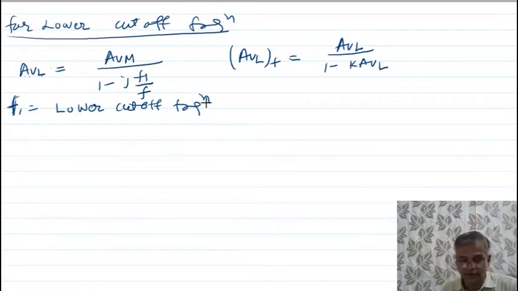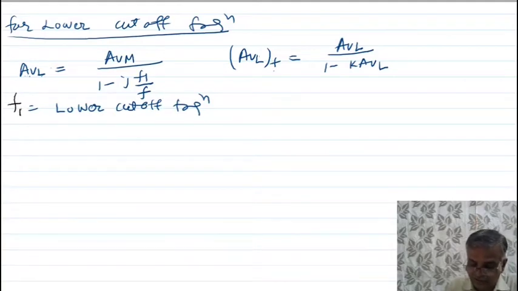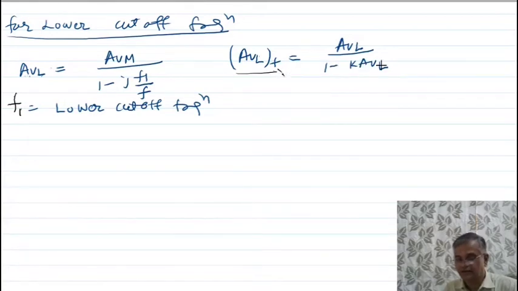Now I have given a feedback. Once you give the feedback, your equation will change. I have to write the equation of gain with feedback, and this is the equation. Now in this equation I am putting the value of AVL. Look here.